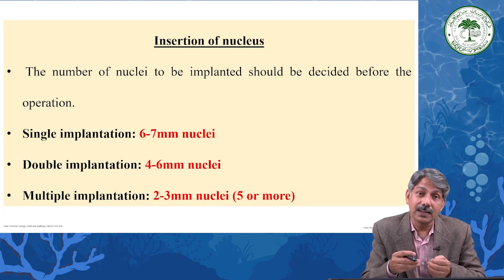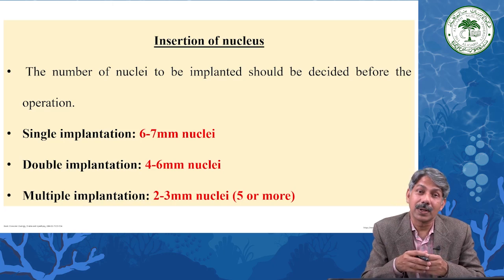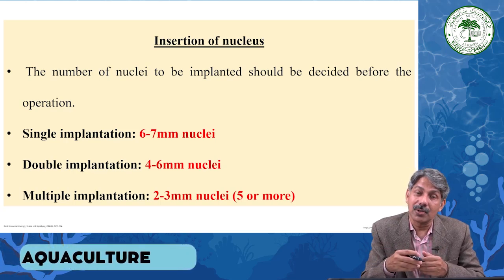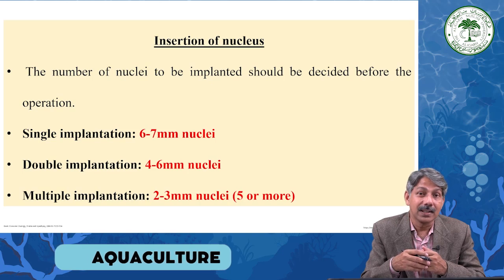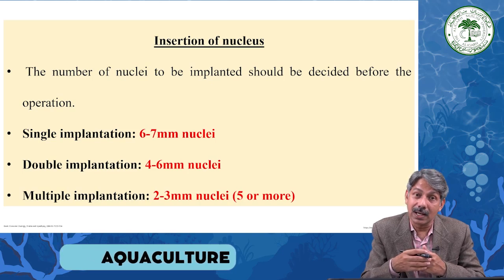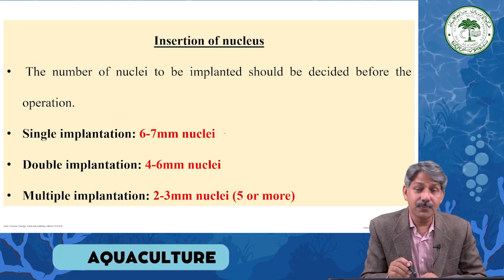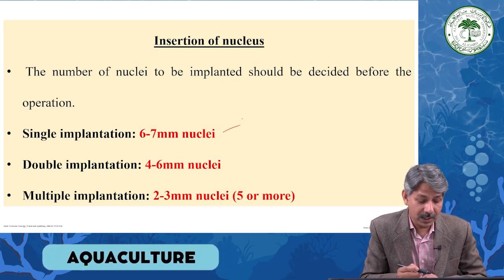Nowadays, you will also find some entrepreneurs who are running this kind of business. They are also modifying the methodology a little bit according to the requirements of their site, the type of oyster they have, and the demand. So there may be single implantation. If we go for single implantation, the nuclei are 6 to 7 millimeter.